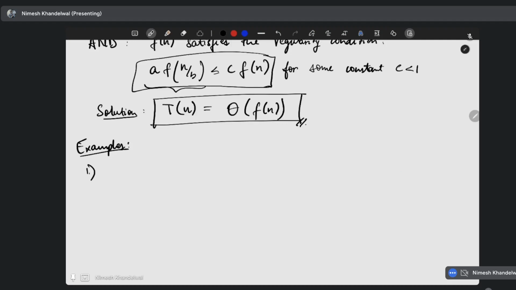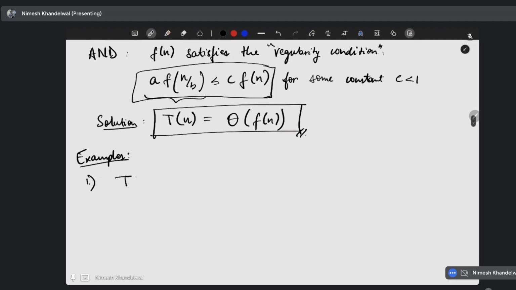Right, so all of them will be recursions, because again we are just practicing master theorem and it is applicable only for recursions.